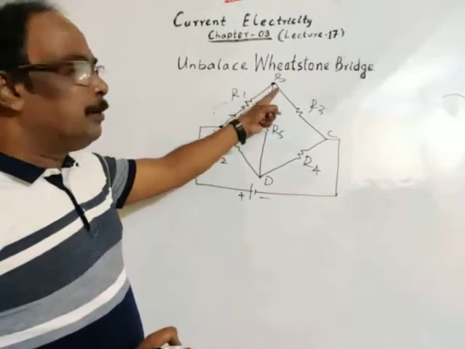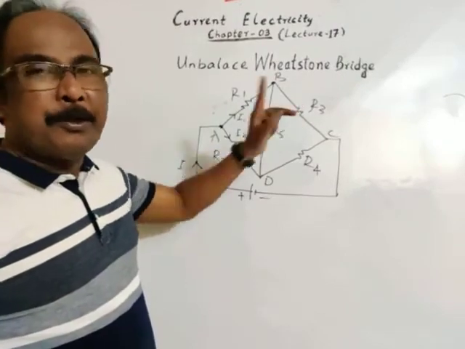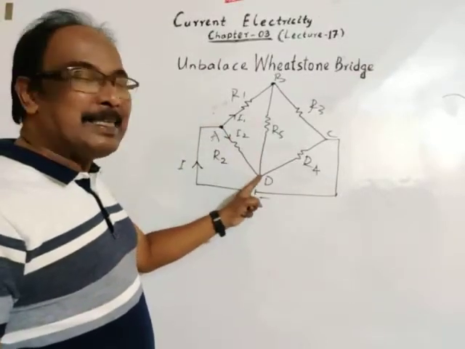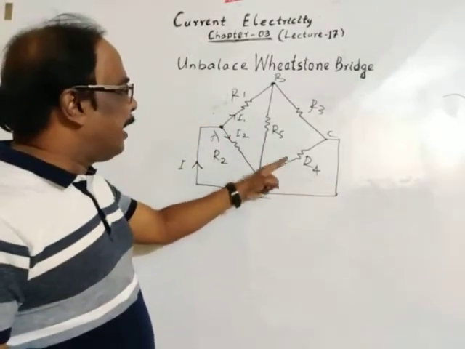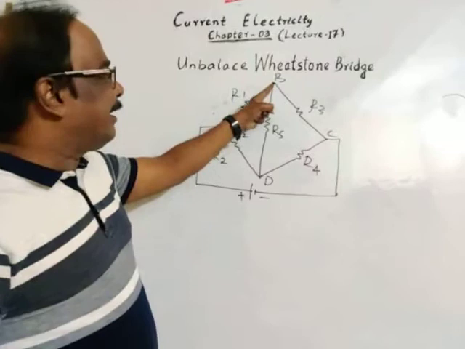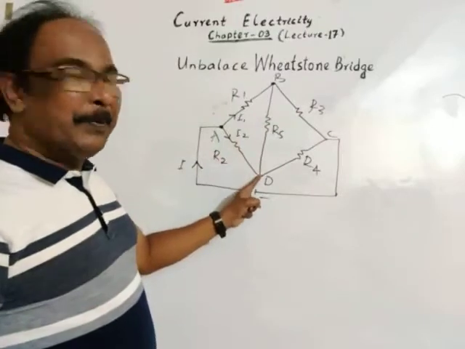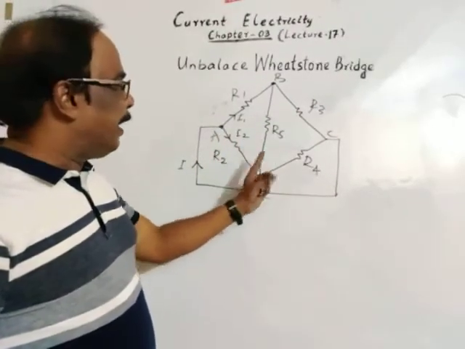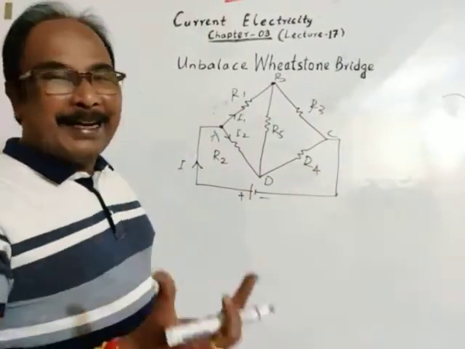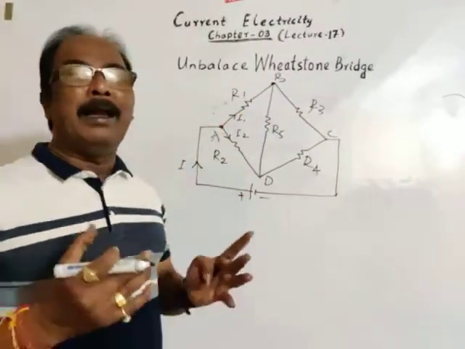I1 reaches junction B, and I2 reaches D. Either I1 may get divided at junction B into 2 branches, or I2 at junction D may be divided into these 2 branches.